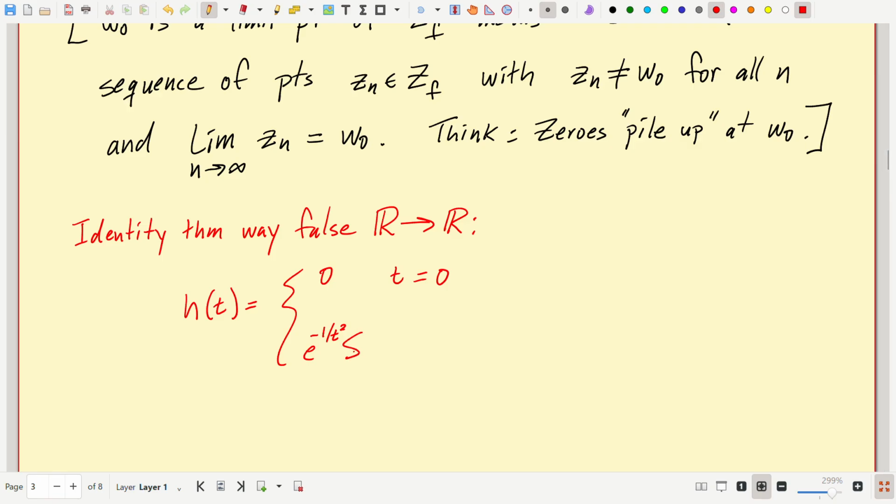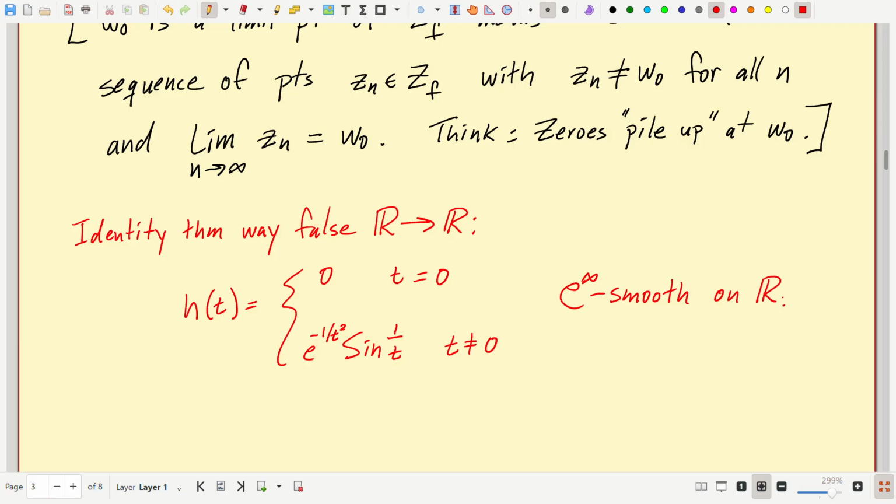And I'm going to multiply that by the weird thing, sine 1 over t, for t unequal to 0. That's a famous example of a C infinity smooth function. So a little work will show that that's C infinity smooth on R.